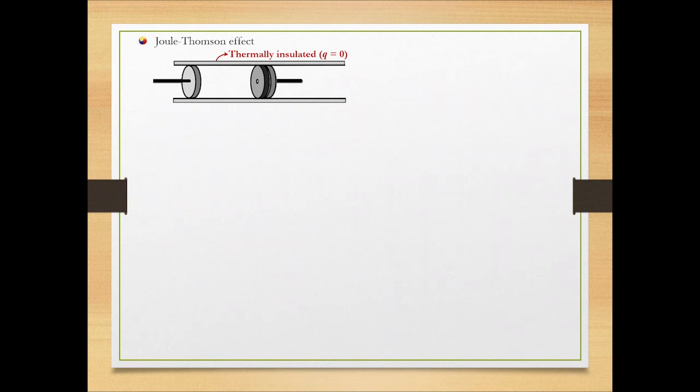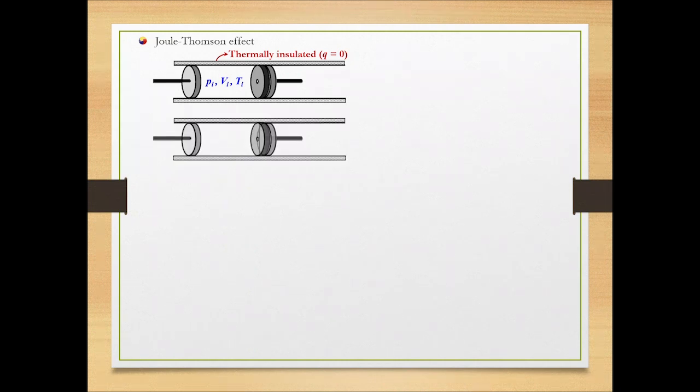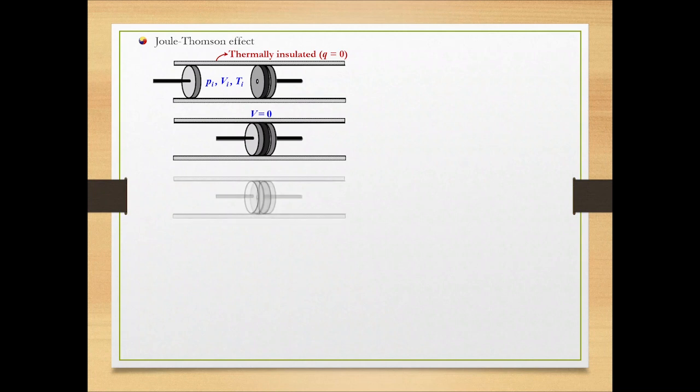The initial pressure, volume, and temperature before the throttling process are denoted by Pi, Vi, and Ti respectively. The piston on the left side is pushed in, and this causes the gas to be compressed. The gas escaped through a small opening pushes out the piston on the right side. The final pressure, volume, and temperature of the gas are denoted by Pf, Vf, and Tf respectively.